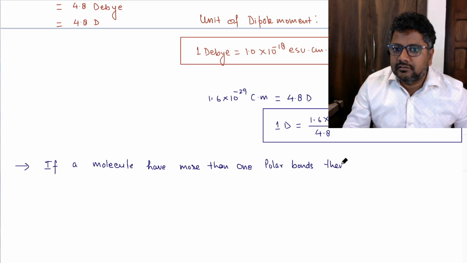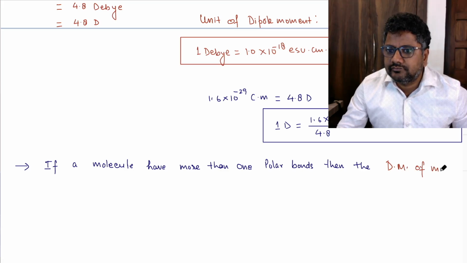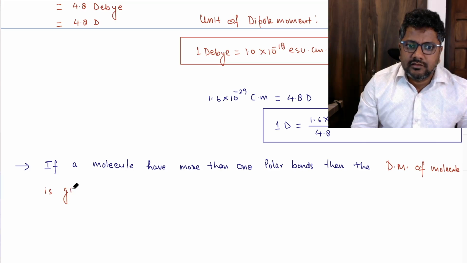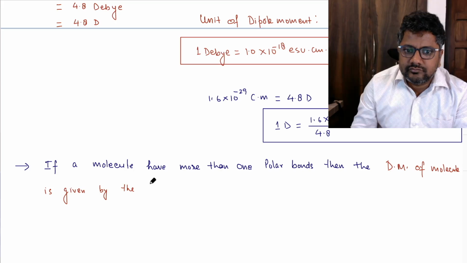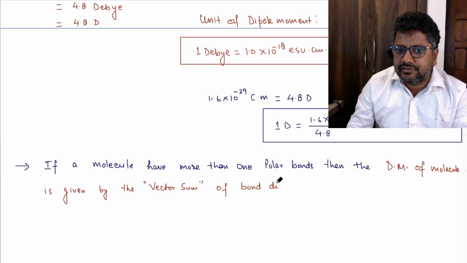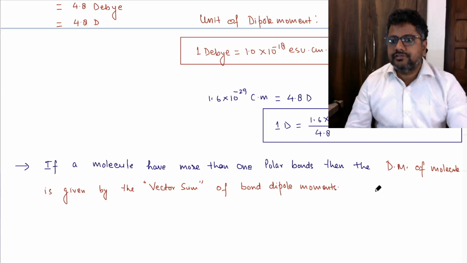Then the dipole moment of a molecule is given by the vector sum of bond dipole moments, right?